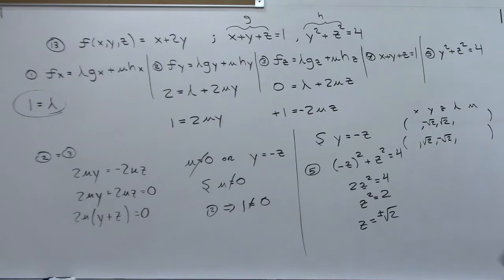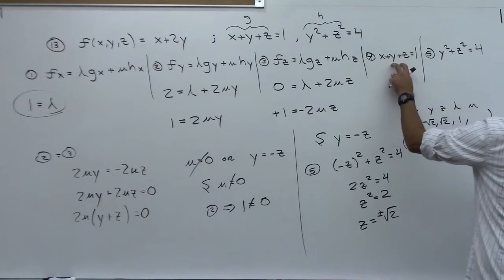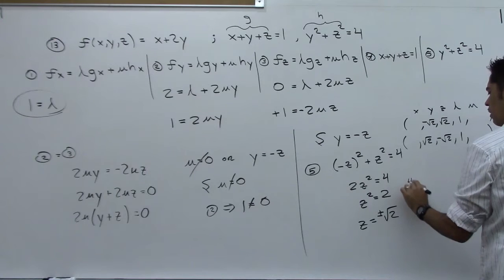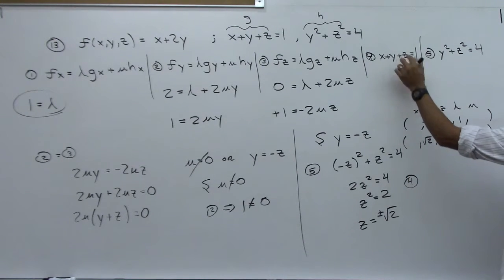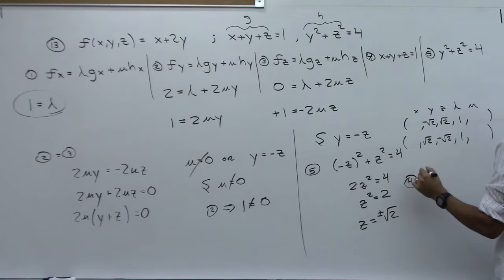But I've got to figure out what x would be, right? So I already know lambda's 1. That came from the very beginning, so that's not even something to think about. What would x have to be? I could do that right here from equation 4. If y and z are opposites, these cancel, and I just get x is 1.